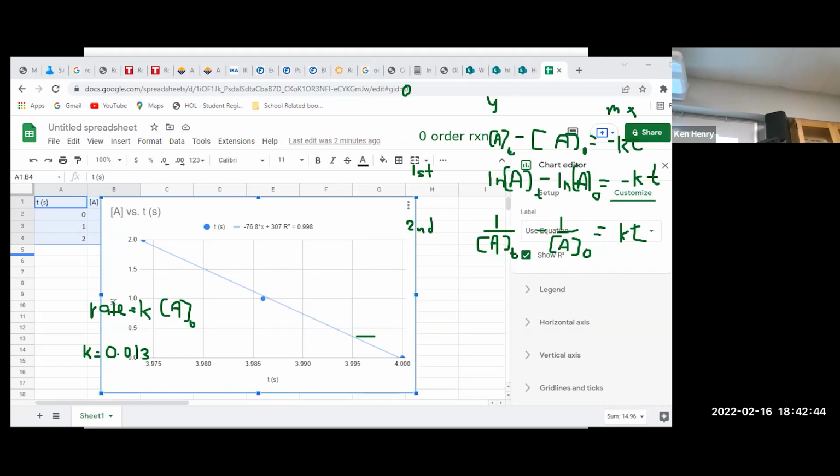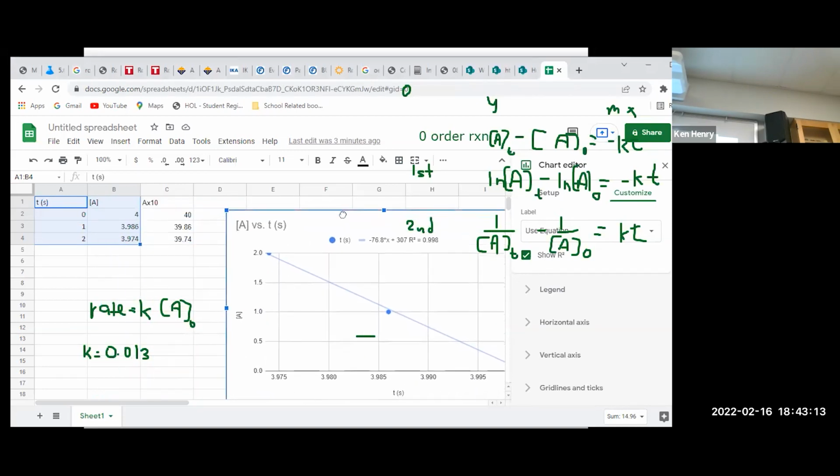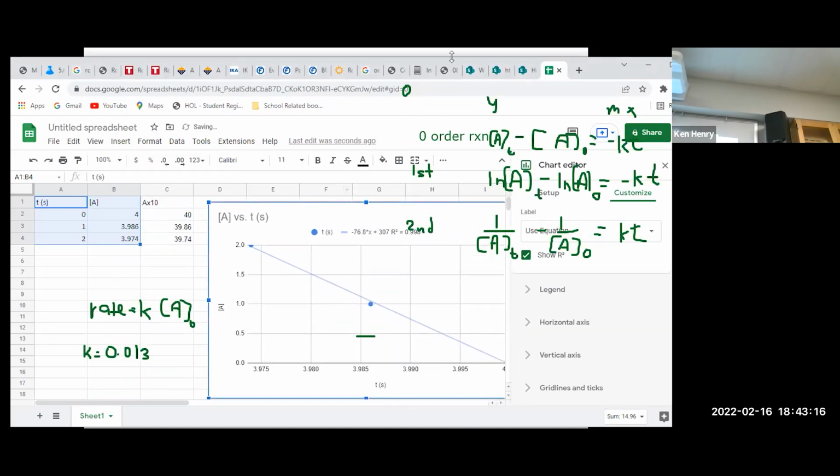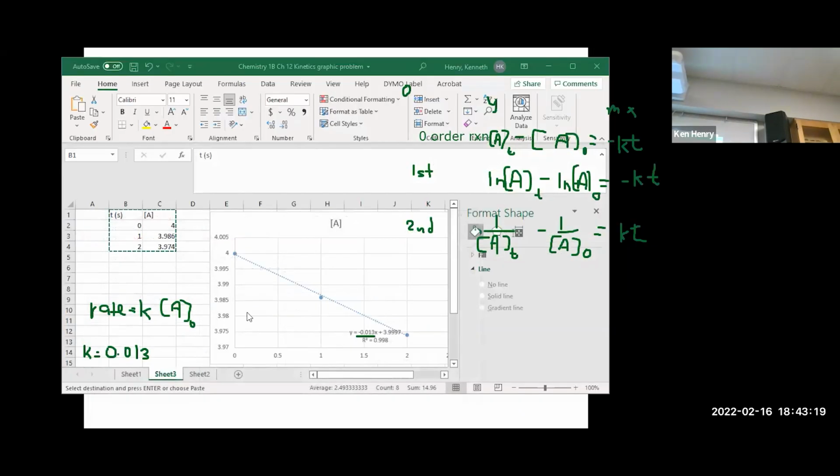Boy, we've been moving. So the k value is better with the, hold on.